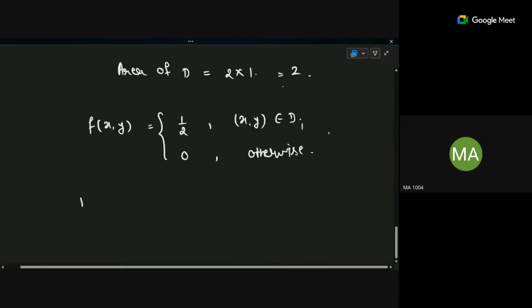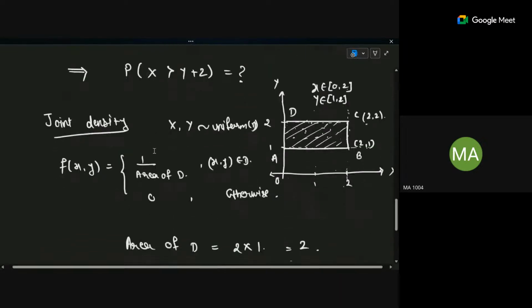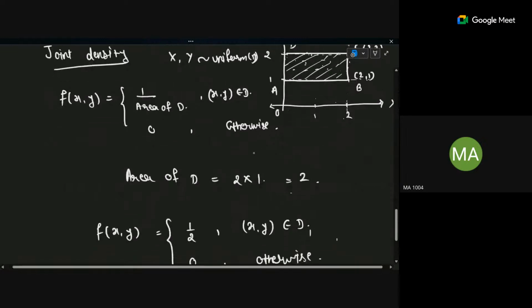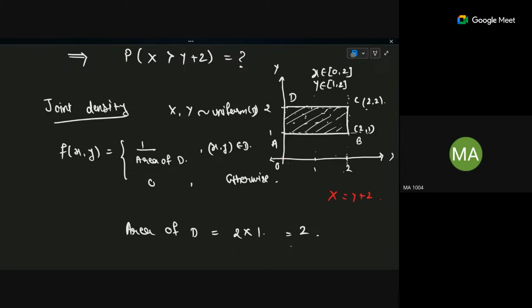So now we are interested in calculating the probability x greater than y plus 2, right? So first draw the line x is equal to y plus 2. Let's say y is 0, then x is 2, so the line will be from here onwards. So what is the probability? 0, ma'am.